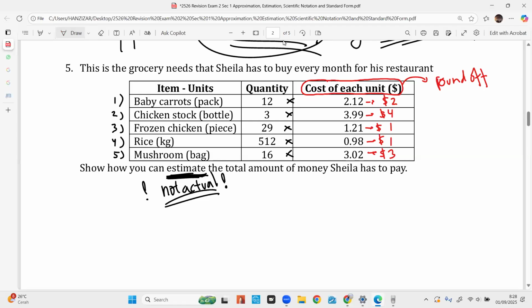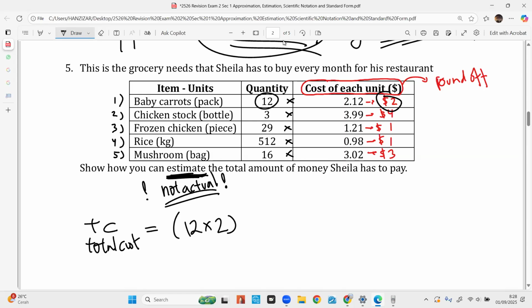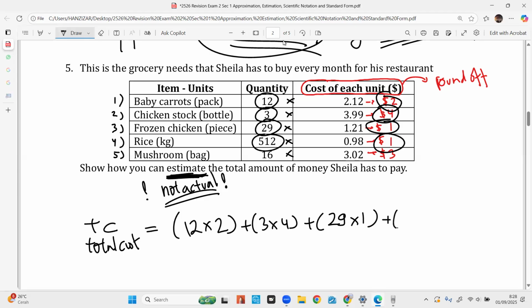Therefore, if you want to find the TC, which means the total cost, just add all the numbers. 12 times 2, right? The 12 times 2 plus 3 times 4, the chicken stock part, and then plus the frozen chicken part, 29 times 1, and then the rice part, 512 times 1, and the mushroom, 16 times 3.